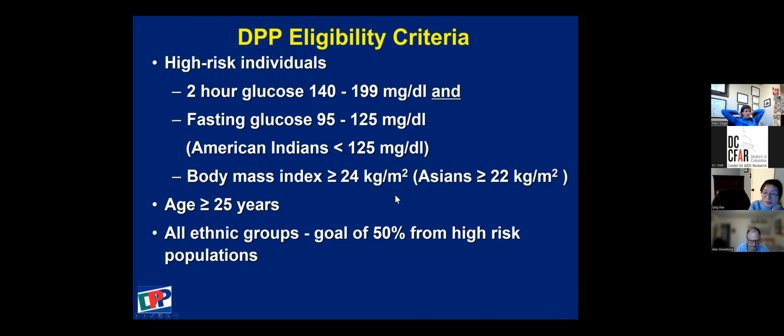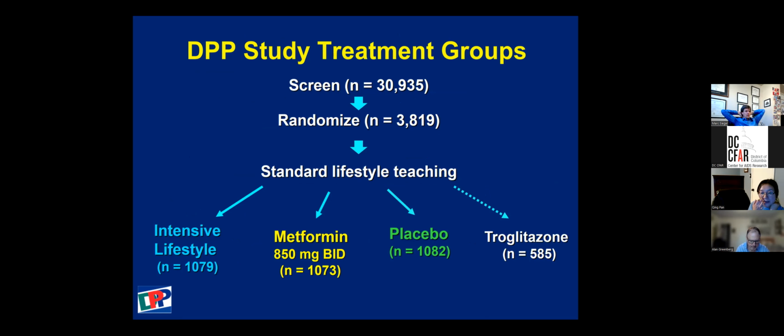So we got a very diverse ethnic group population, and we screened about 31,000 and enrolled 3,819 patients, and they are randomized after the screening. Once they sign the informed consent, we randomize at the baseline measurements.